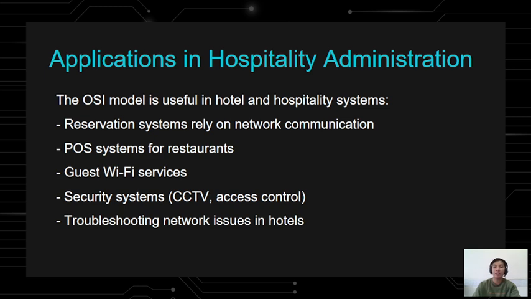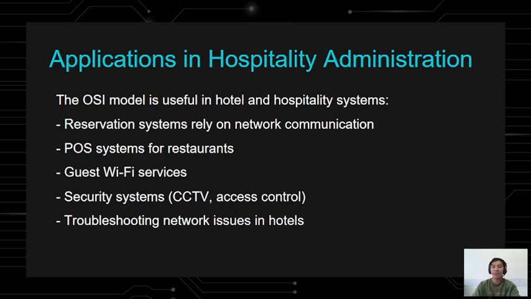Other applications include guest Wi-Fi services, which allow customers to access the internet, and security systems such as CCTV and access control, which rely on network communications for monitoring and safety.